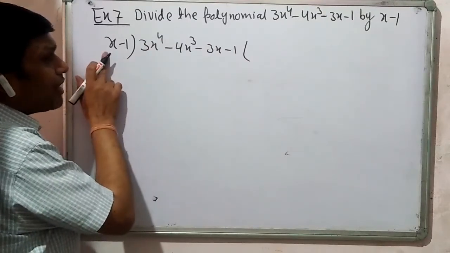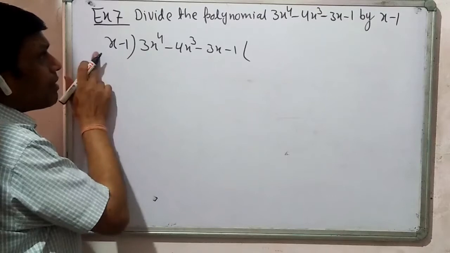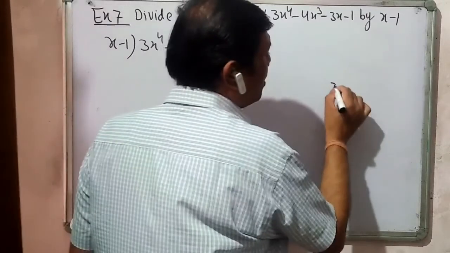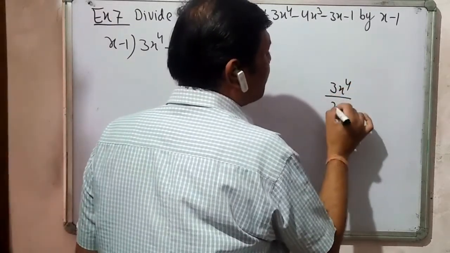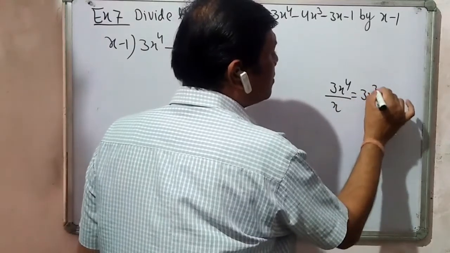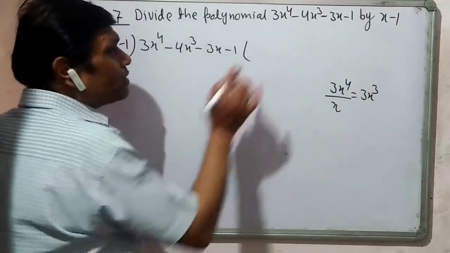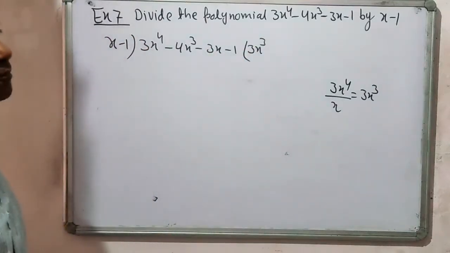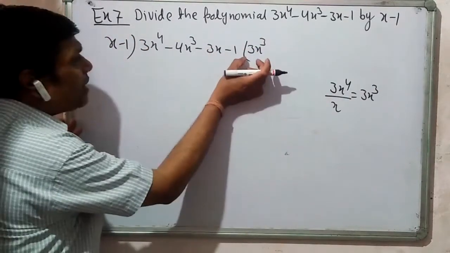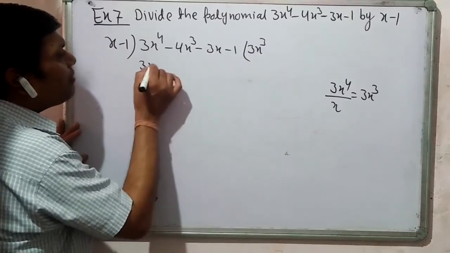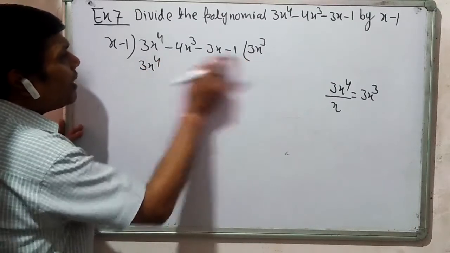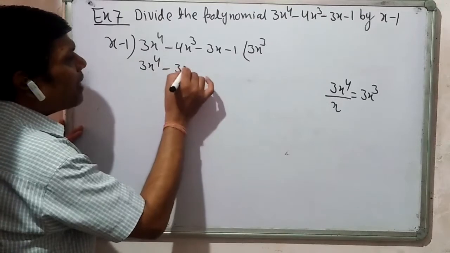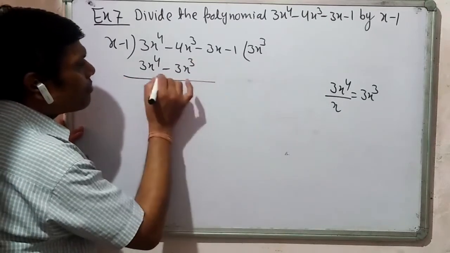3x raised to power 4 divided by x. Highest degree term upon highest degree term in the rough. 3x raised to power 4 upon x gives us 3x cube. So this 3x cube is the first term of the quotient. Now we multiply 3x cube with x, we get 3x raised to power 4. 3x cube with minus 1, we get minus 3x cube.